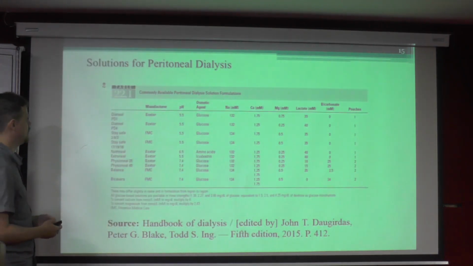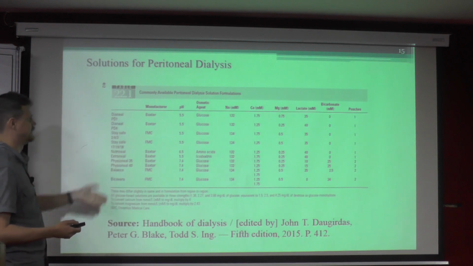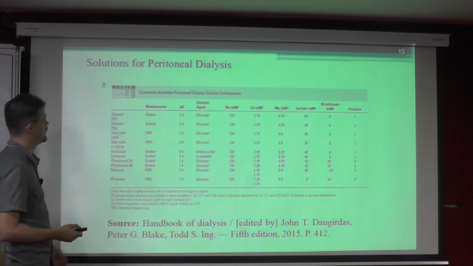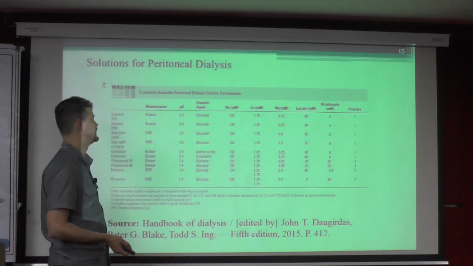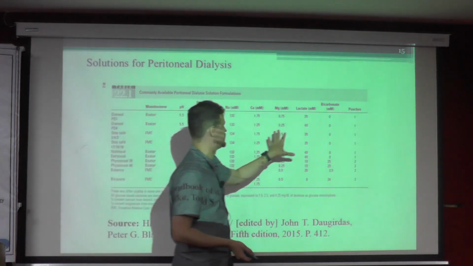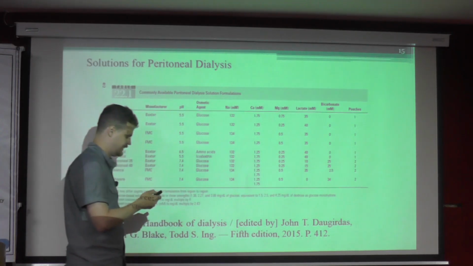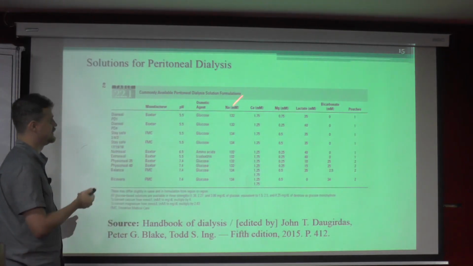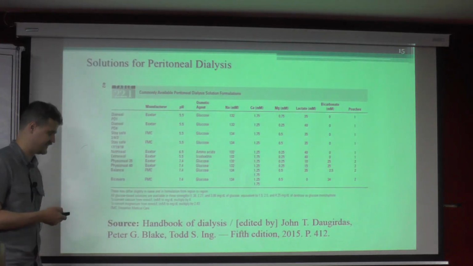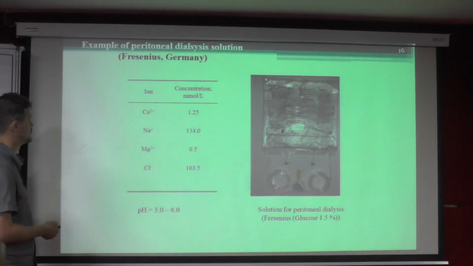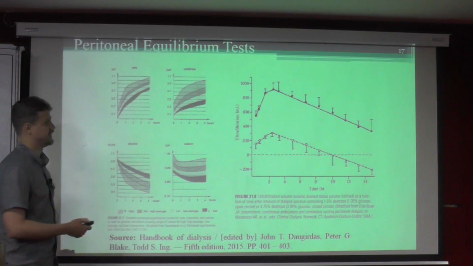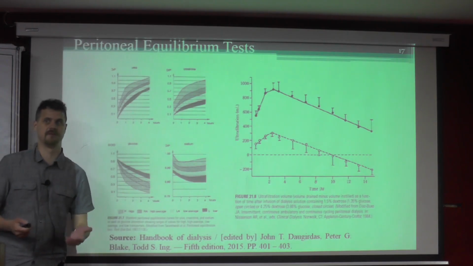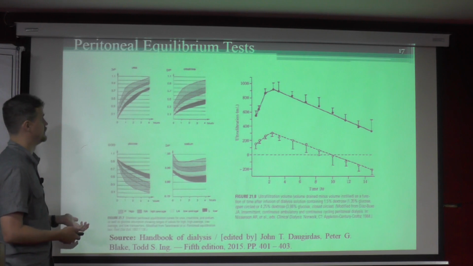That's just a small table that provides information about different types of peritoneal solution. There you can see the osmotic agent, the pH of the solution, and different compositions of the ions and other substrates that are dissolved in these solutions. In order to prescribe the peritoneal solution adequately, a doctor needs to perform the peritoneal equilibrium test.